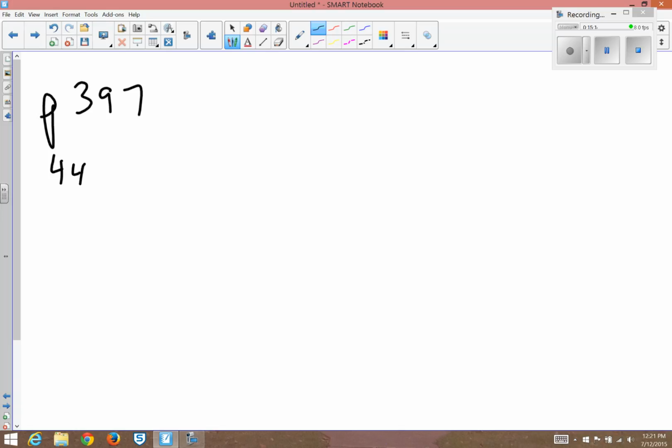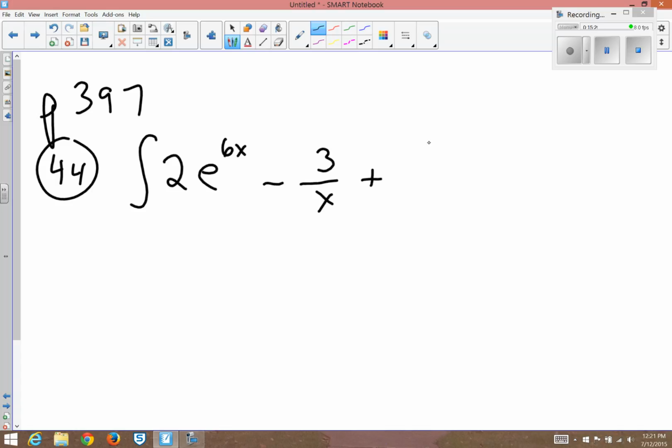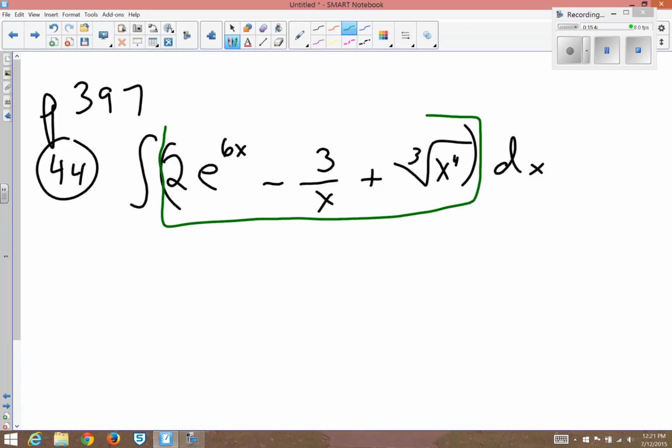Exercise 44. It says find the integral, or I could say antiderivative, of 2e to the 6x minus 3 over x plus the cube root of x to the fourth. So the goal here is to find something whose derivative is what's inside this green thing.